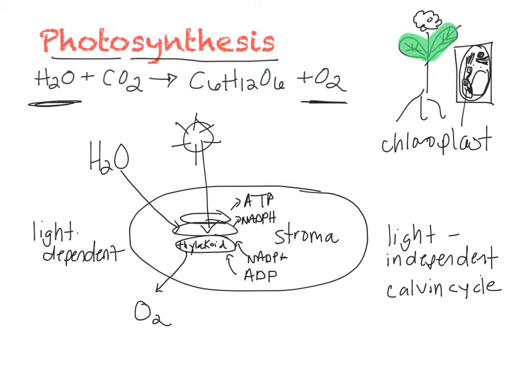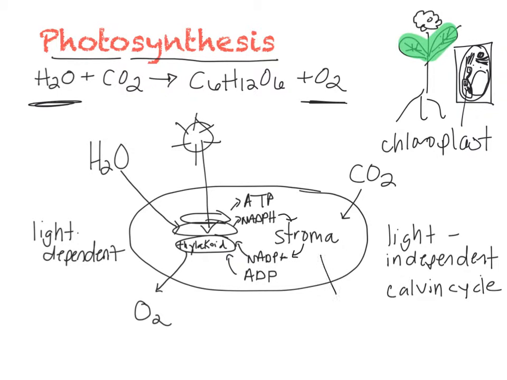In the light-independent reaction, the plant is going to absorb carbon dioxide from the atmosphere. So if my goal is to make glucose, I have the C's, I have the O's, and the H's are going to come from NADPH, which originally came from water. So I'm going to send that NADPH over here, steal the H's, and it becomes NADP+ again.